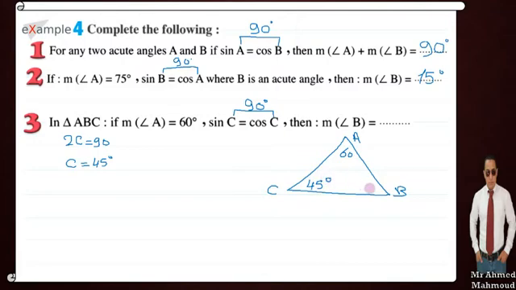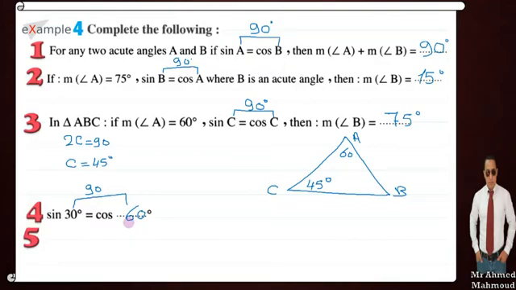Then measure of angle B equals what? 180 minus open bracket 60 plus 45 equals 75 degrees. Number 4. Sine 30 equal cosine what? Sine and cosine are equal when the sum equals 90. So 90 minus 30 equals 60 degrees.